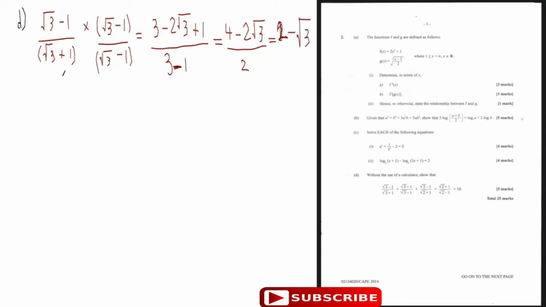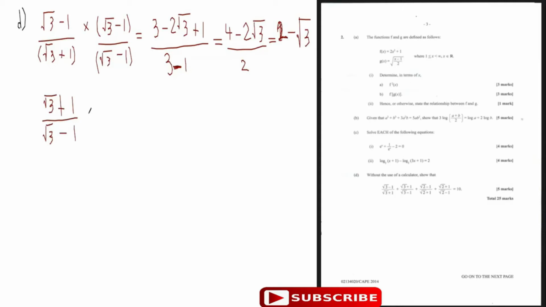All right, now the next one I'm going to have to worry about is root 3 plus 1 over root 3 minus 1. Now I realize that all of this is just the inverse of this. Notice that root 3 plus 1 over root 3 minus 1 is just the inverse of the first one.